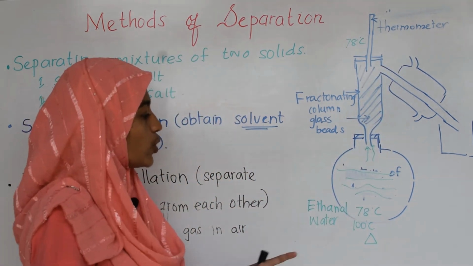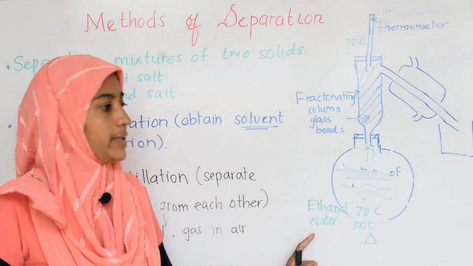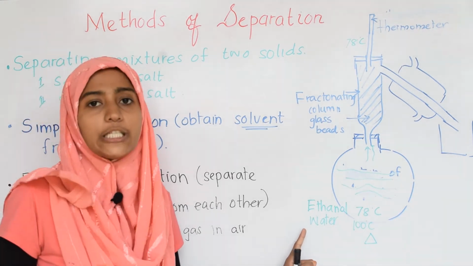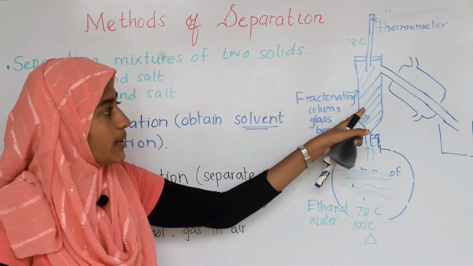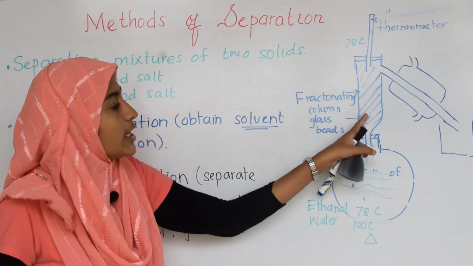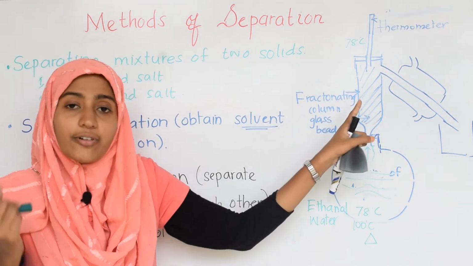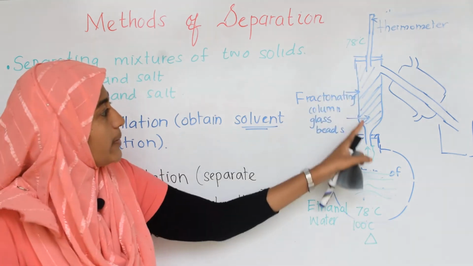Then what happens to water? Certainly water particles also would have evaporated, because evaporation can happen at any temperature. So in this fractionating column you will have a mixture of ethanol and water, both their vapor will be present here.